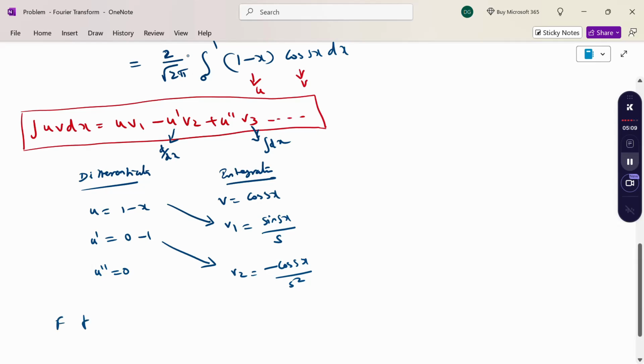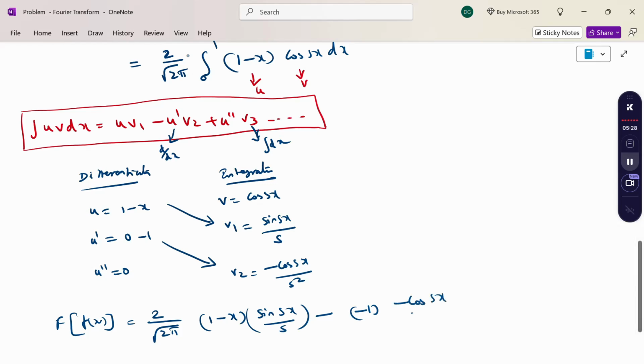Therefore the Fourier transform is 2 by sqrt(2 pi) times [(1 - x) sin sx / s - (-1)(-cos sx / s^2)] from 0 to 1, the other terms being 0.